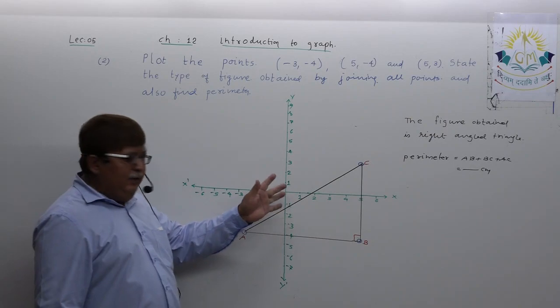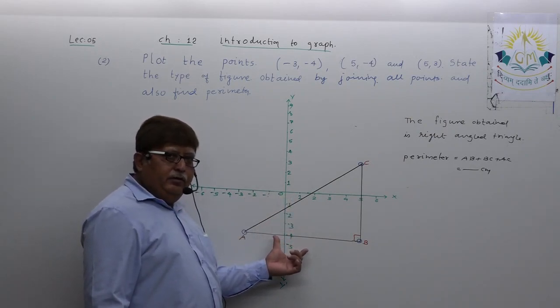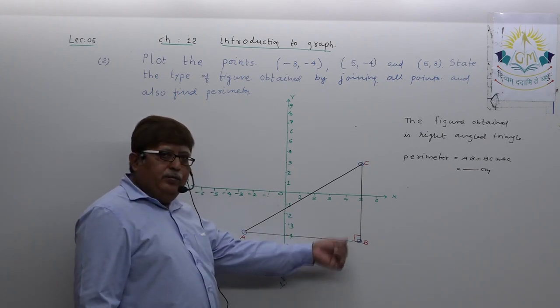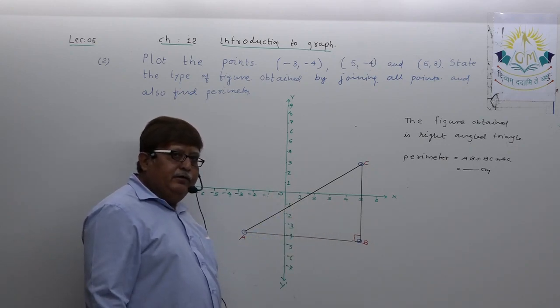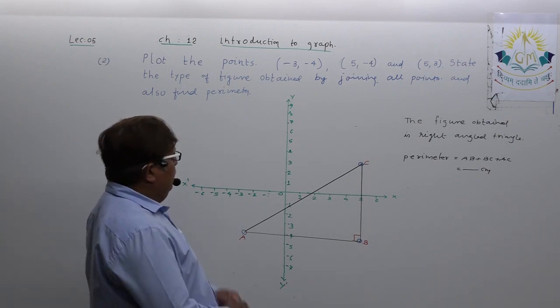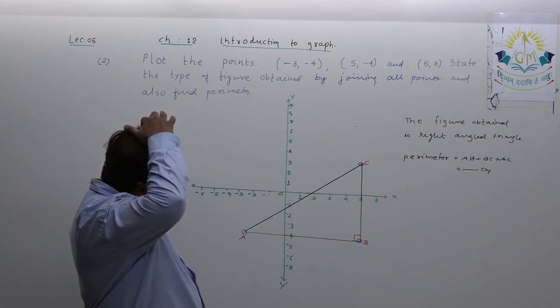That's why I am suggesting you utilize the scale, exactly measure the lengths of AB, BC and AC, and just add them, you will get the perimeter. Is it clear in your mind?